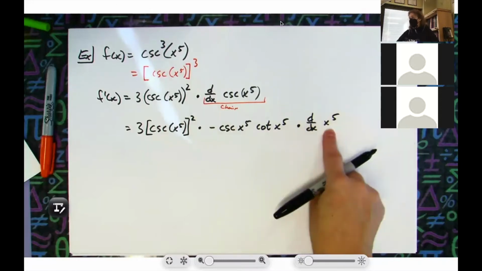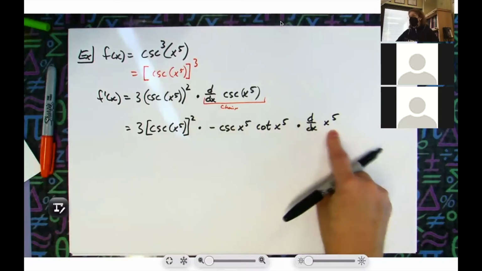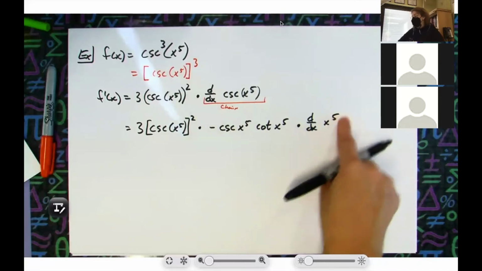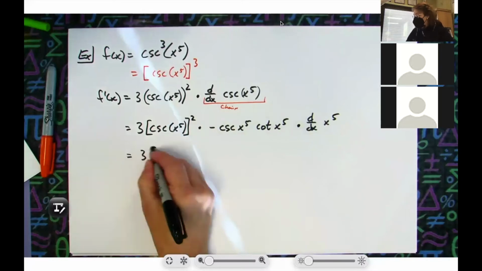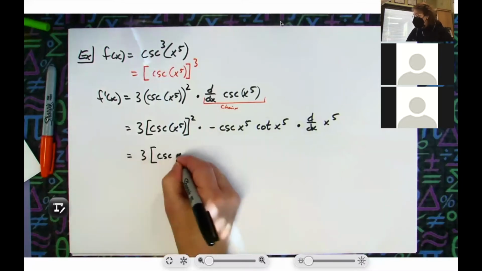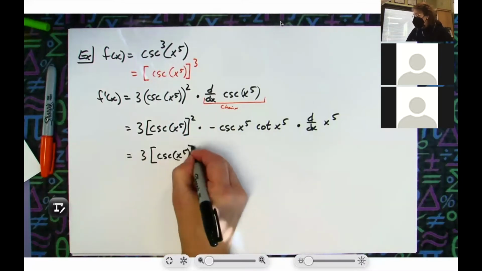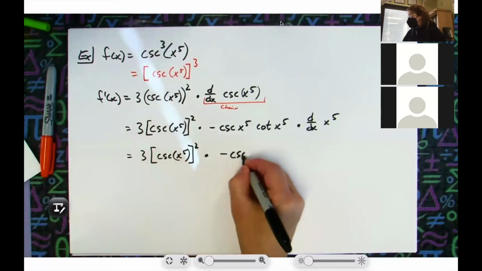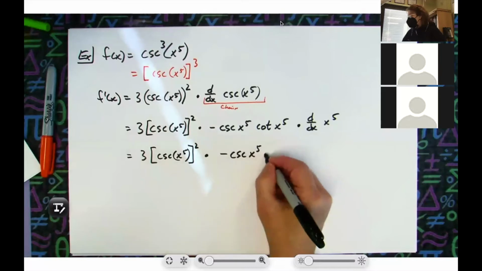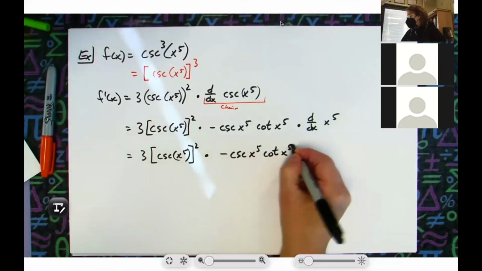Okay, that one now is just a plain power rule, no more composite function, so that'll be my last derivative. Okay, so 3 cosecant x to the fifth squared times a negative cosecant x to the fifth cotangent x to the fifth, and then times derivative.